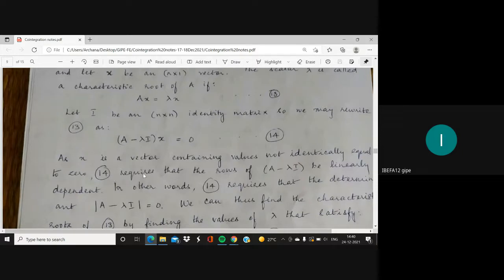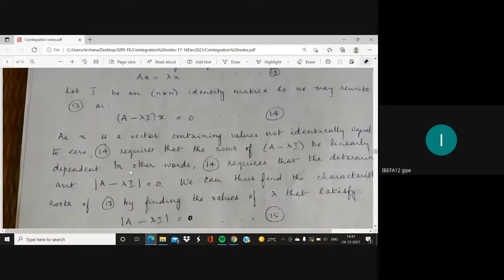Okay, so that's why 14 requires that the rows of this matrix now, okay, A minus lambda I, should be linearly dependent. So if there's linear dependence in the rows of this particular matrix, only then the determinant will vanish. Okay, that is something you would have learned already when you were studying matrix algebra. So in other words, okay, 14 requires that the determinant of this matrix should be equal to 0.